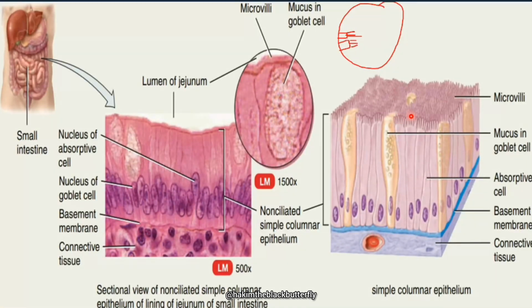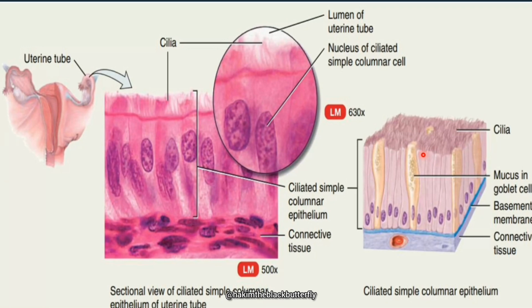They don't move. They're just there to increase the surface area to easily trap the food nutrients. But the cilia are going to be motile structures. They are going to be waving sideways. And that wave-like action is very important when it comes to the fallopian tubes.